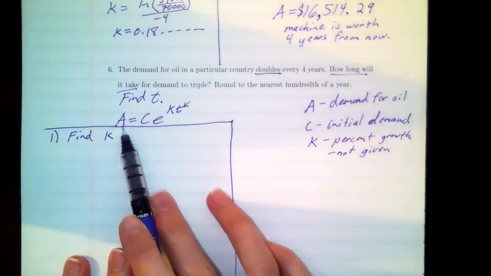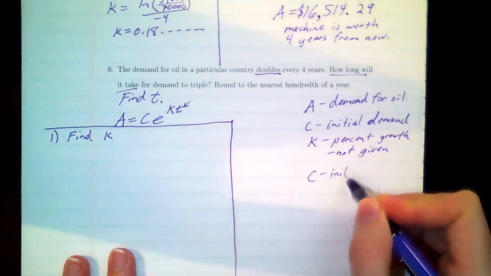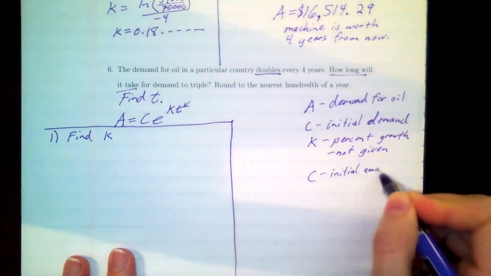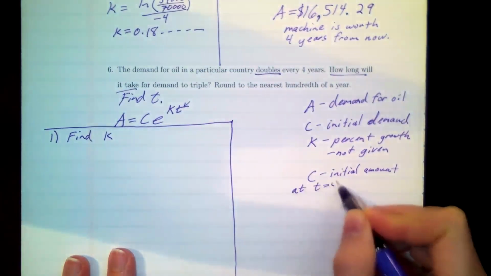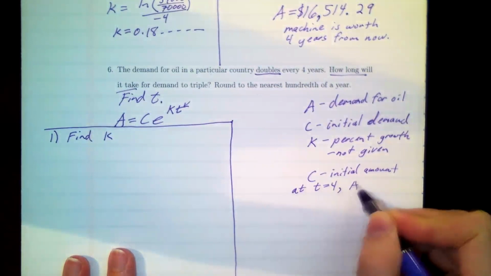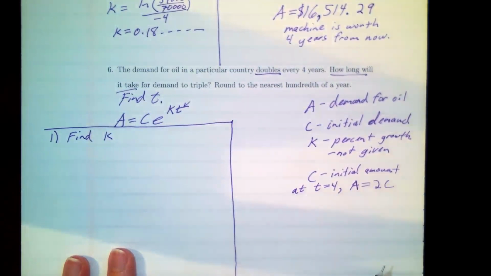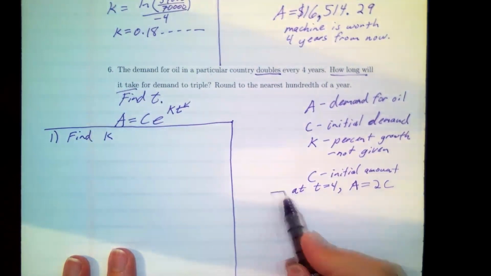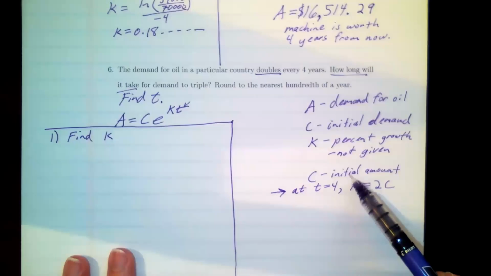But we do know that whatever initial amount C was, 4 years later, at t equals 4, the future value of oil, A, will be twice that. So it doubles every 4 years. If C is an initial amount, whatever that is, the future value A is twice that at year 4.